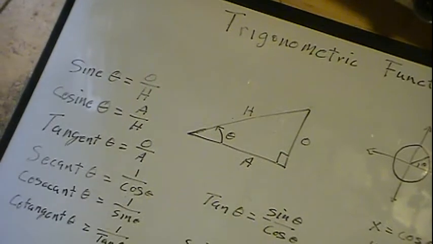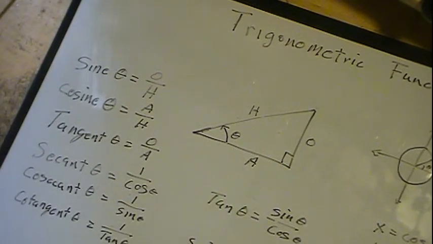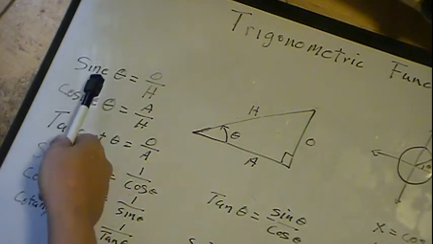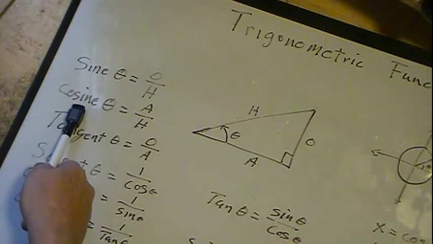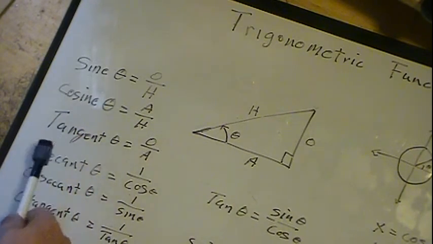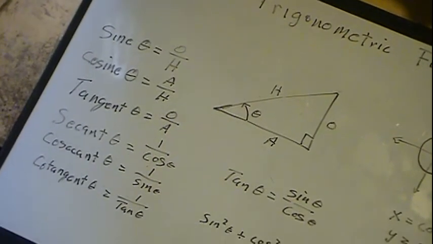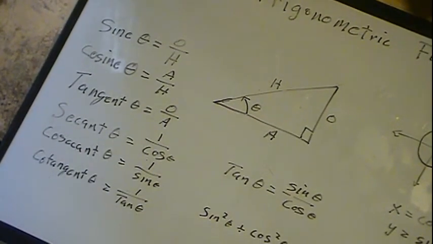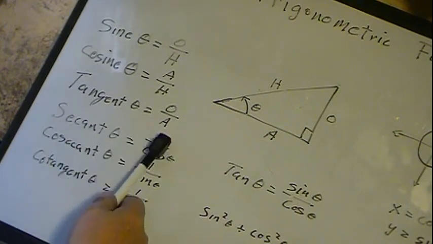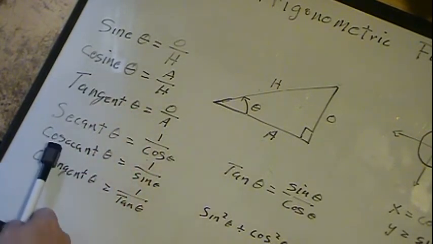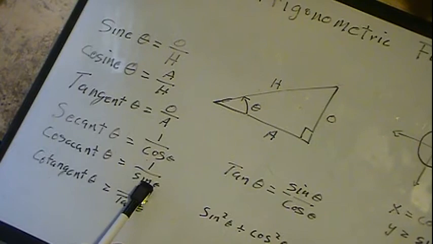There are three base functions. One is sine, the other one's cosine, and then tangent. Now there's others that are not used as much, and that is secant, which is 1 over cosine, cosecant, 1 over sine, and cotangent, 1 over tangent.